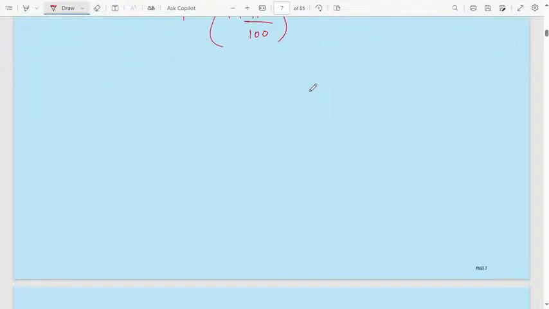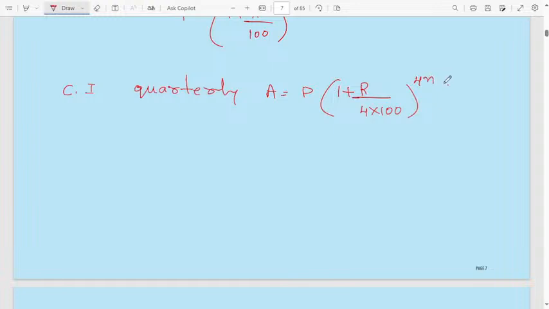Then compound interest quarterly. When we calculate quarterly, then amount will be principal into 1 plus R divided by 4 into 100 whole to the power of 4 into n. Then next, the formula for half yearly, there are some changes.